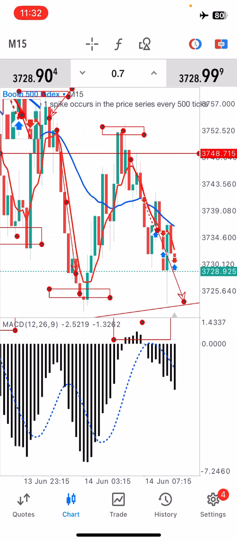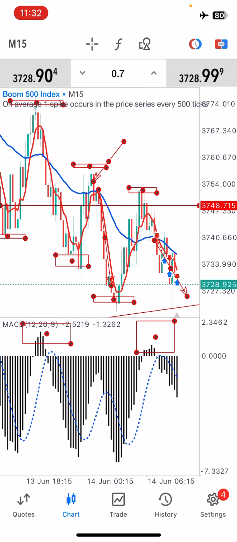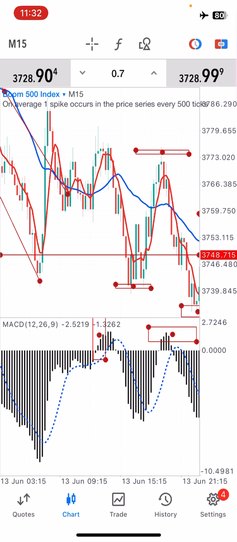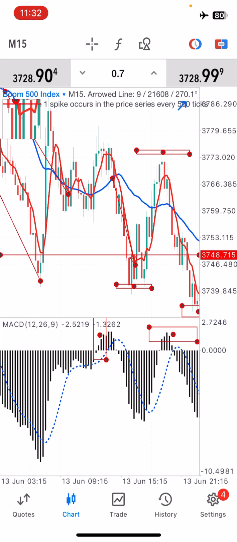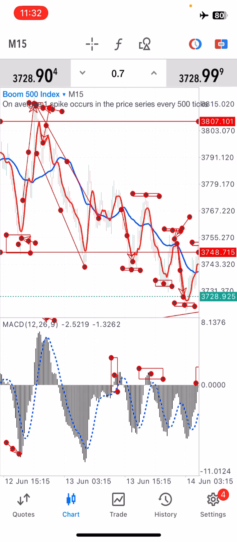Can you see? It was so easy. You can actually see some of my trades here. Those red arrows are showing you some of the trades that I was entering into. So Boom 500 was very rewarding because it was trading exactly how our strategy wants, how our strategy responds.